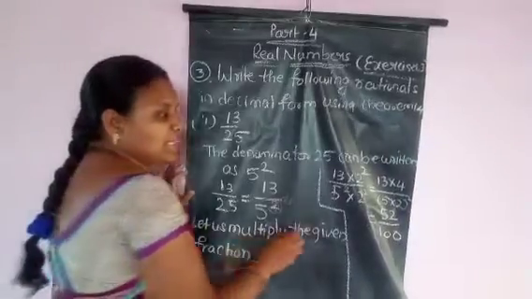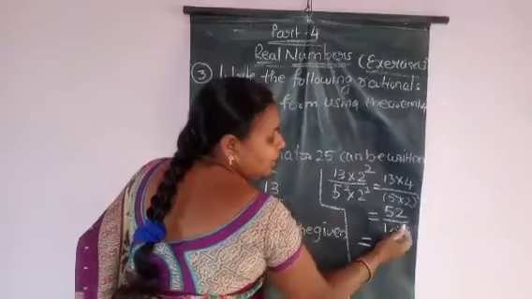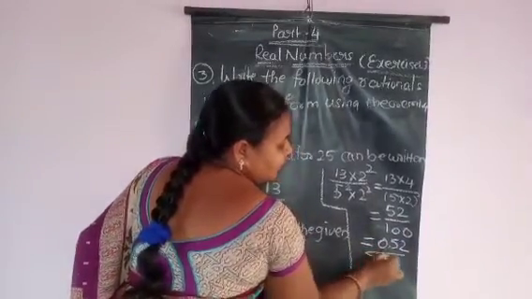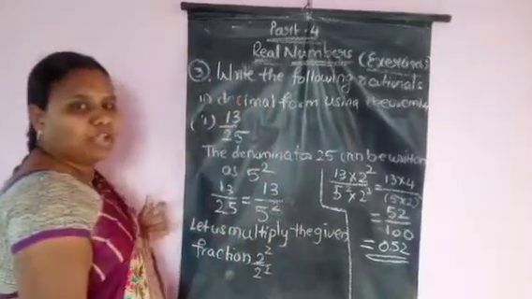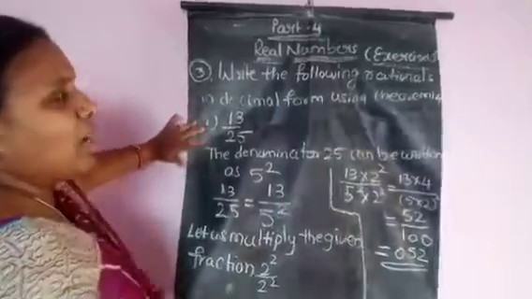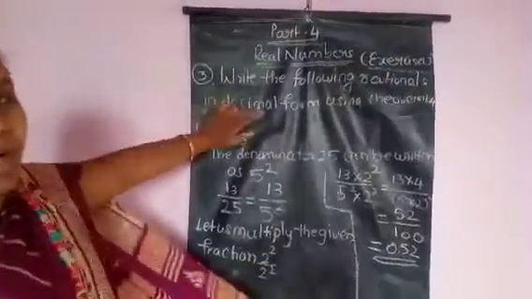When it is 52 by 100, we can convert this into decimal form. It is 0.52.